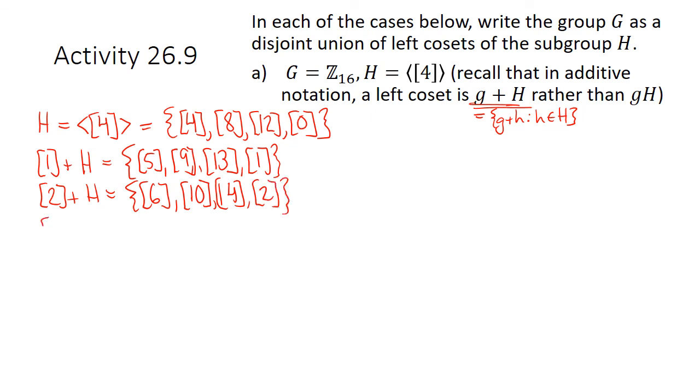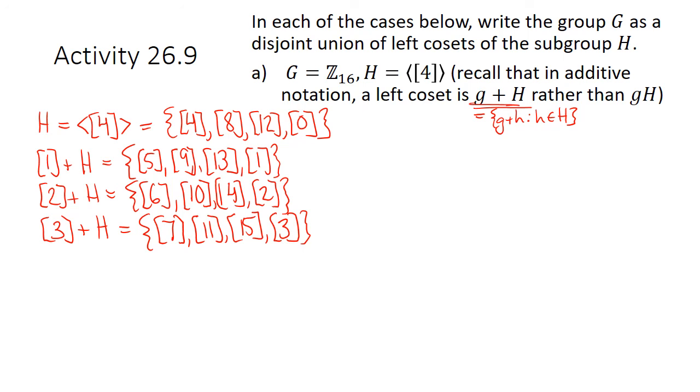And then 3 plus H would be 3, 7, 11, 15. Okay, and that actually covers all 16 elements. I think you can see we've written all 16 of them now.